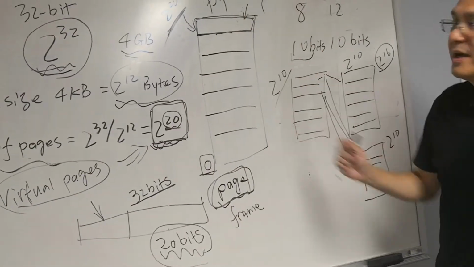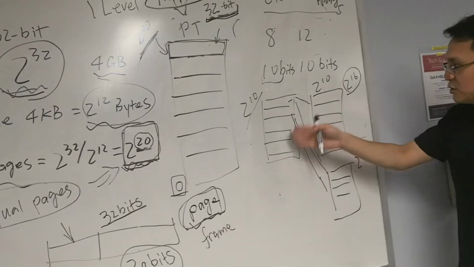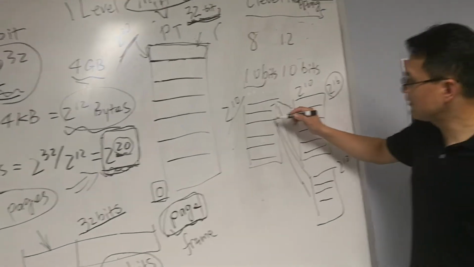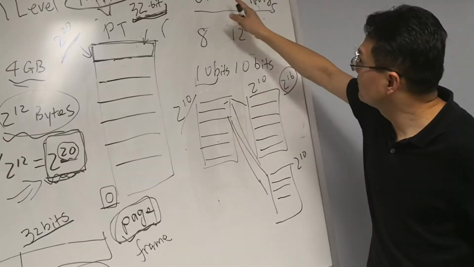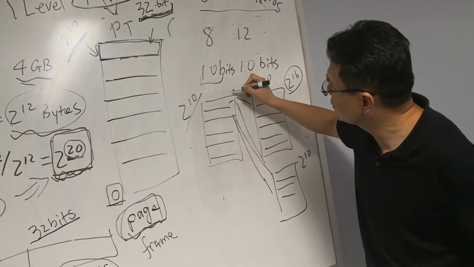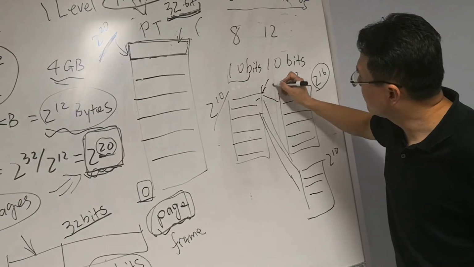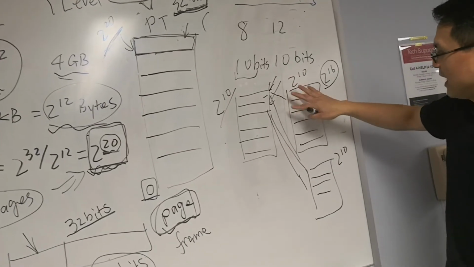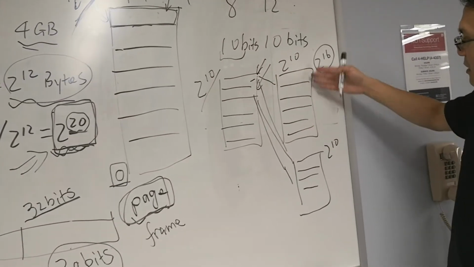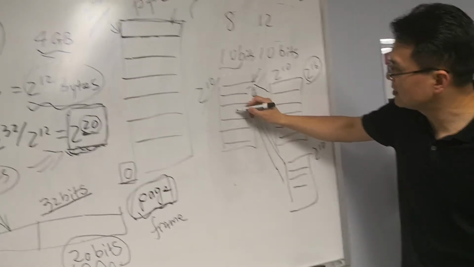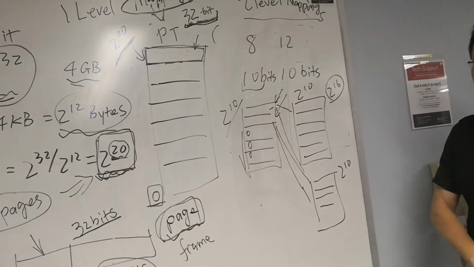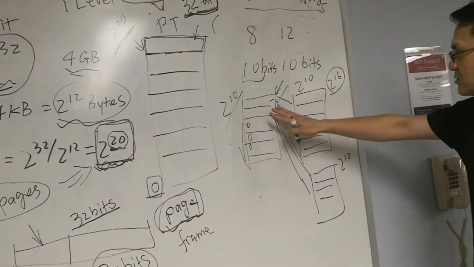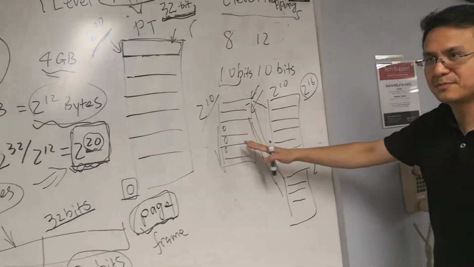If you have 2 level, you can have the first level set up with only the first 2 entries mapping to 2 pages on the second level. And the rest, you set the valid bit to 0, because you don't use that. So this drastically saves a lot of space.